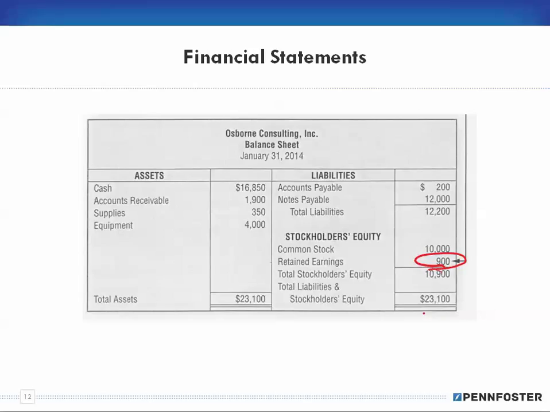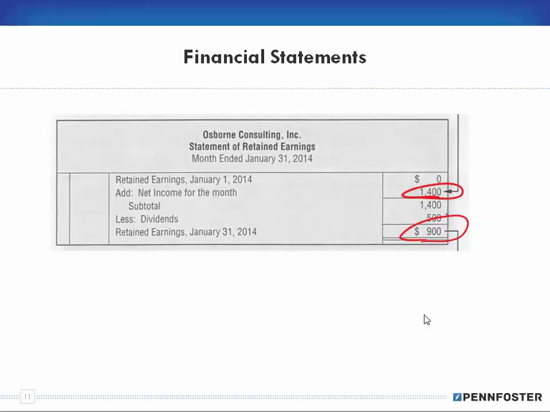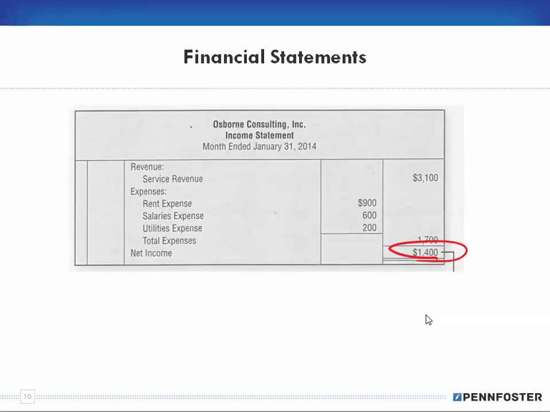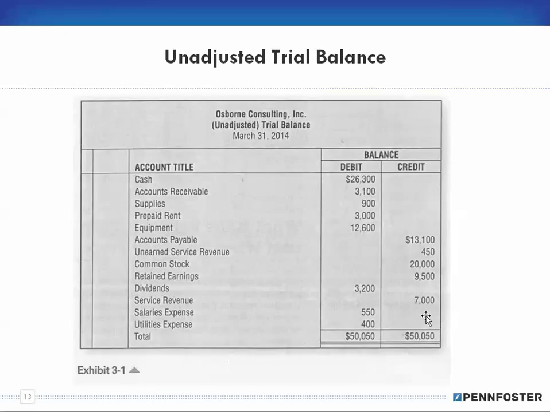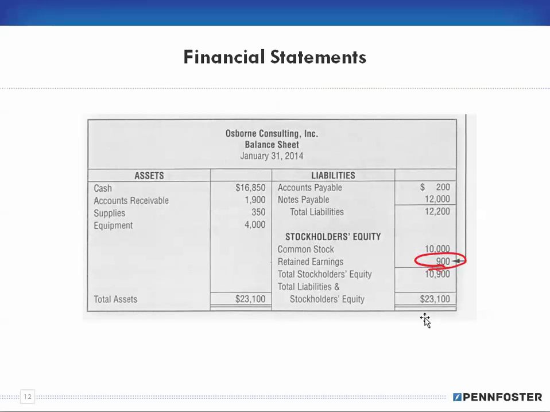So we can't create the balance sheet until we create a statement of retained earnings, and we can't create the statement of retained earnings until we have our income statement. That's the way the information was presented in the last chapter, and that's where we left off.